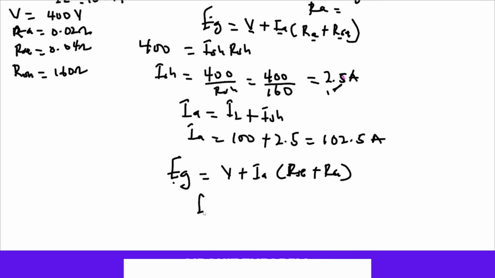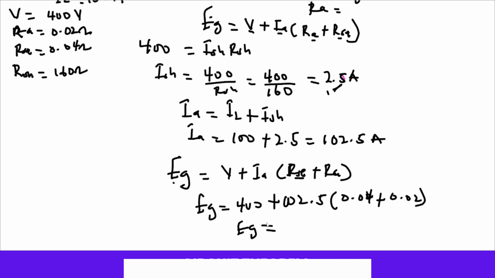It means that EG will be equal to 400 plus IA, which is 102.5, times R series, which was given as 0.04, plus the armature resistance, which is 0.02.